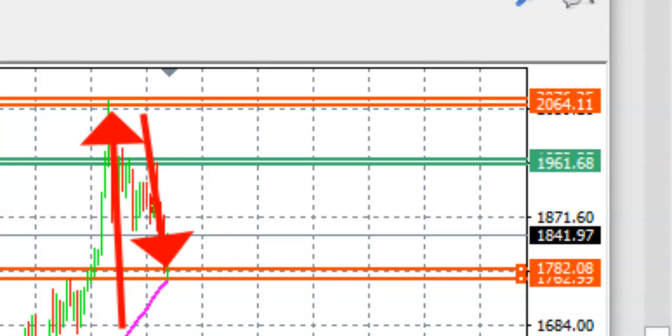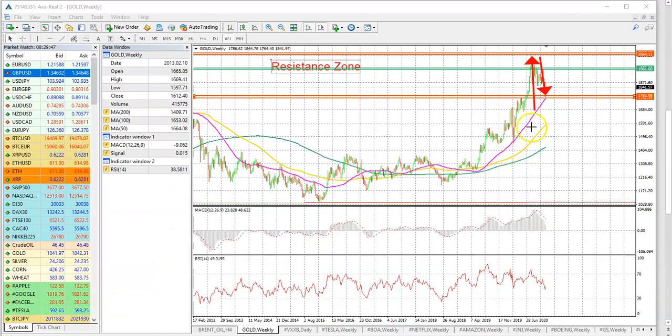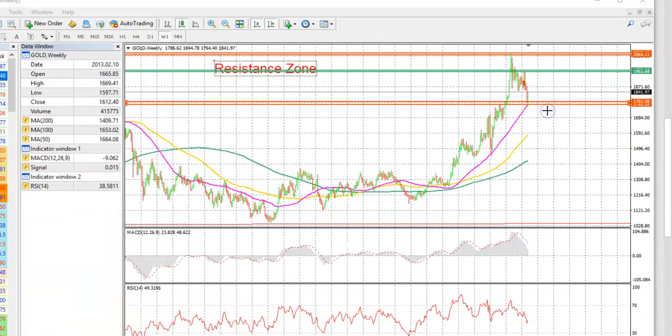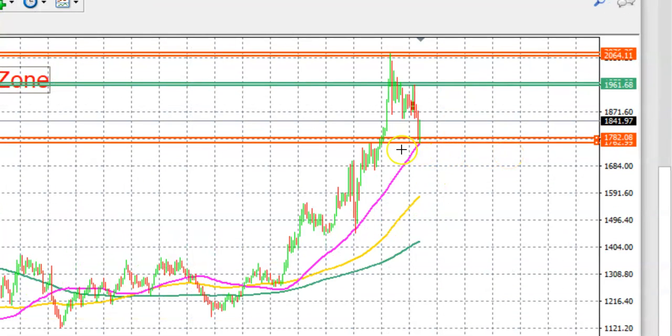And when that happened, clearly the move happened from there onwards. So that is something we need to keep a very close eye on, the bigger time frames. One thing is for sure: the price has moved from its 50-week moving average on the weekly time frame, which has provided the support.